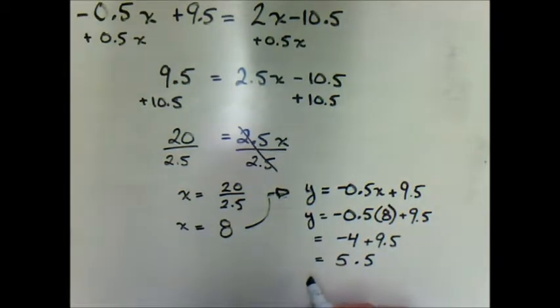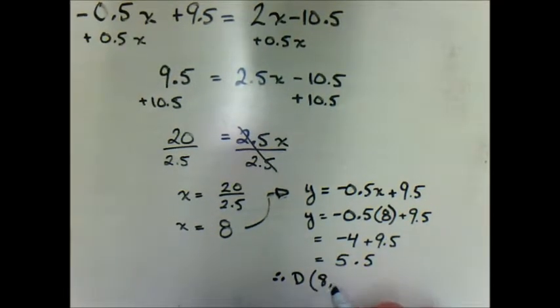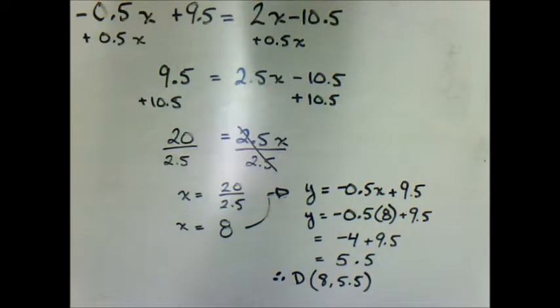So the point of intersection here, therefore, D, is at (8, 5.5). But because it's a word problem, we would need to put our whole answer into a sentence here.